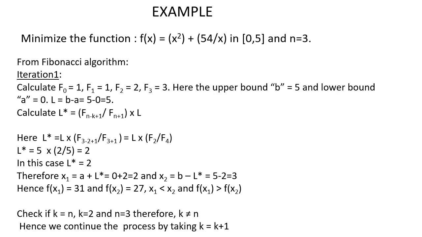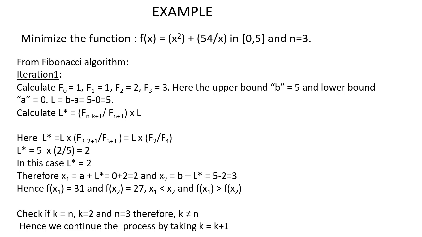So x1 is equal to a plus L star, which is 0 plus 2, which is 2, the new lower bound, and x2 is equal to b minus L star, which is the new upper bound.